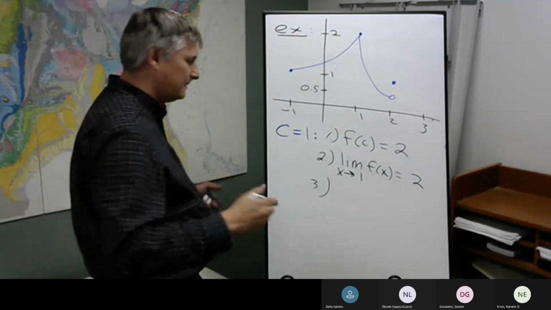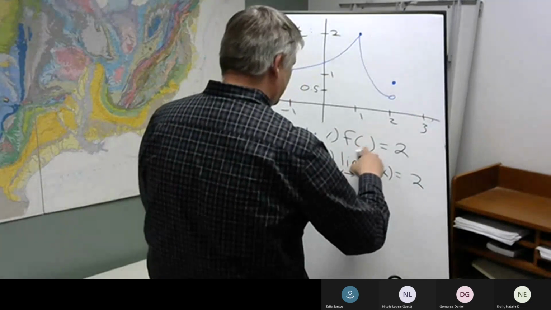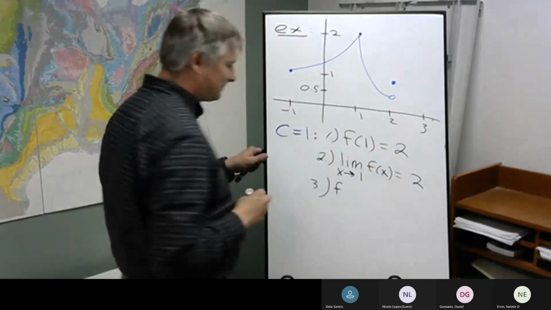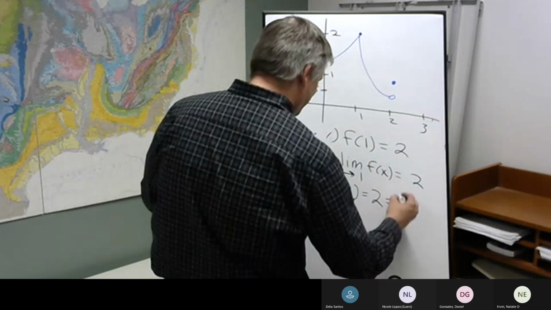Finally, let me replace c with 1 here. F of 1, which is 2, well, that's the same as the limit.